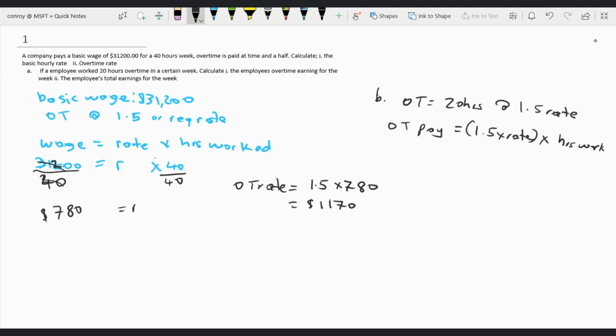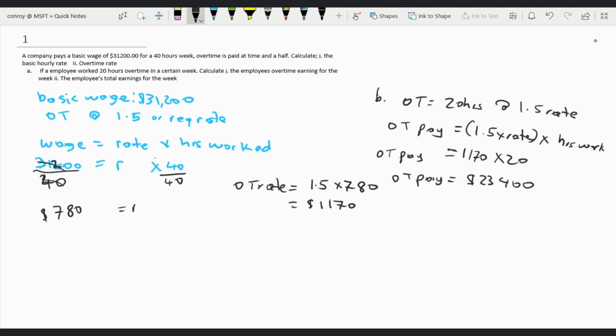I see that we already found the overtime rate, which is 1,170. We can just substitute that, 1,170. We know the number of hours, which is 20, multiply that by 20. And our overtime pay will be equal to 23,400.